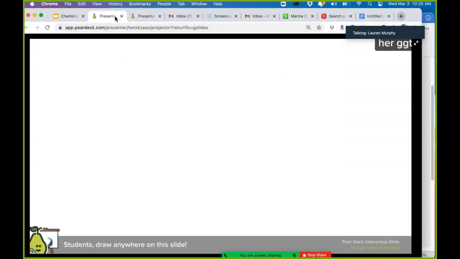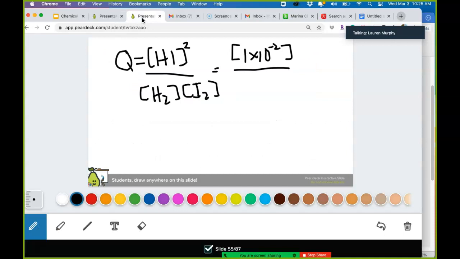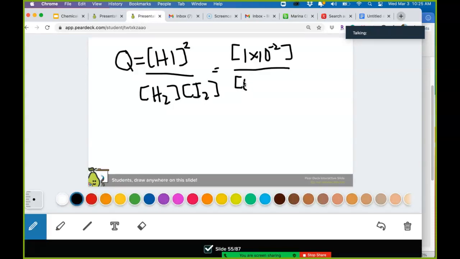And then the H2 is 1 times 10 to the negative second divided by 2 liters. And the I2 is 3 times 10 to the negative 2 divided by 2 liters. And I solve for Q.